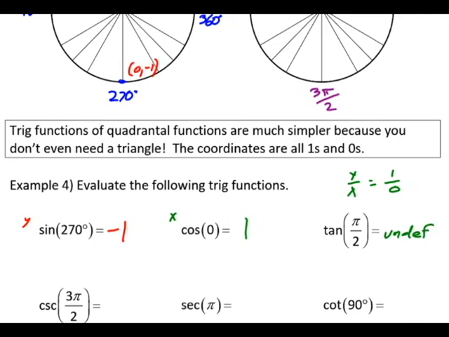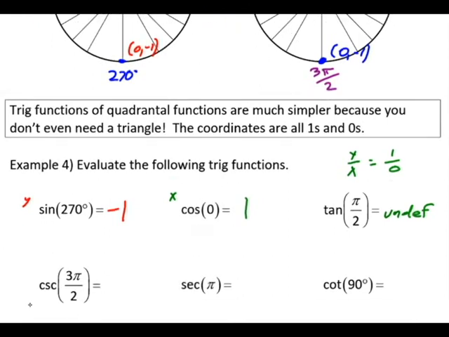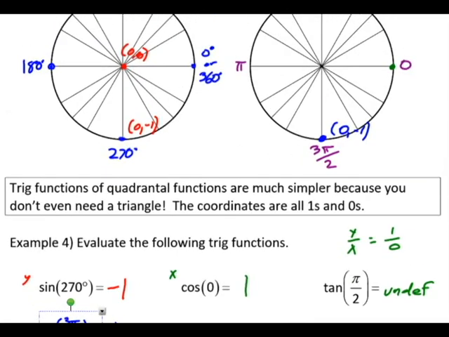Cosecant of 3 pi over 2. Well, here's 3 pi over 2, coordinates of 0, -1. Cosecant is 1 over the sine, so the sine of 3 pi over 2 is the y-coordinate of -1. So this is the reciprocal of -1, which is just -1. Secant of pi, here's pi at -1, 0.